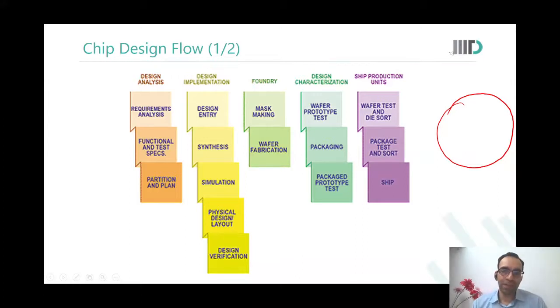I designed it for 1.2 gigahertz, but due to some reasons, it could work only at 1.1 gigahertz on silicon. Can it happen? So I need to know at what speed it is working. That is why it is called characterization. It is the characteristic of that die that this die is working at 1.1 gigahertz and not 1.2 gigahertz.